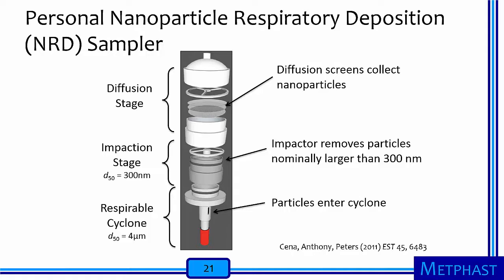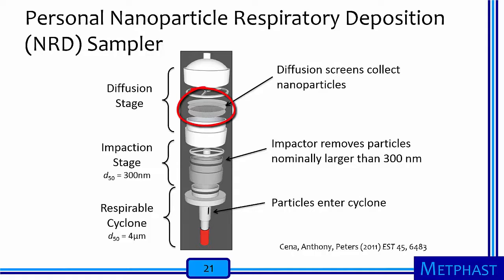In this device, particles enter a respirable cyclone, which removes the largest dust, nominally that larger than 4 micrometers, and may cause downstream components to fail. An impactor then removes particles larger than 300 nanometers, leaving only the smallest particles airborne.